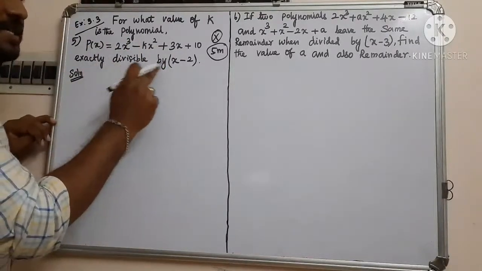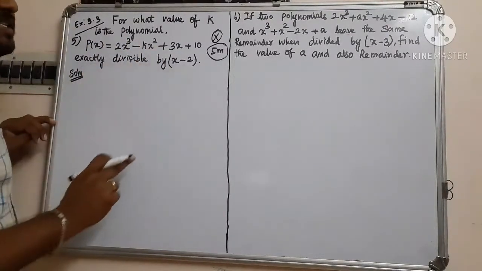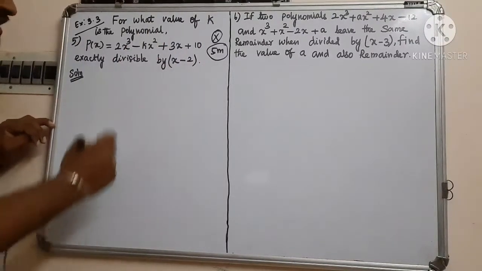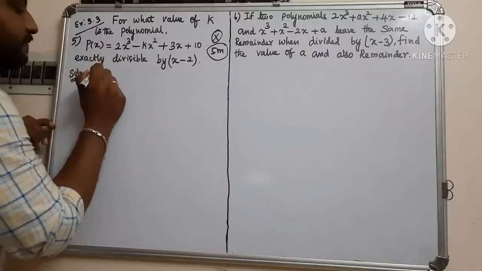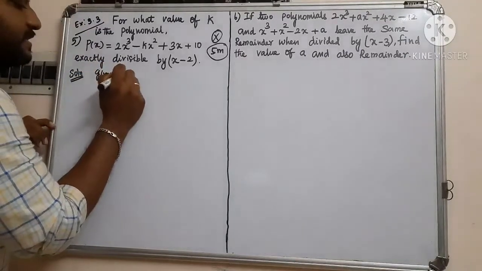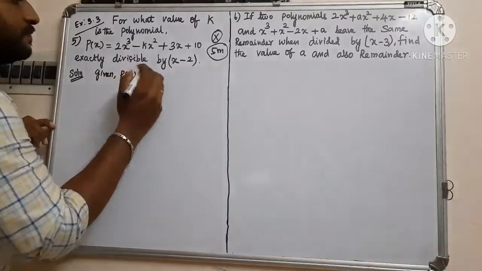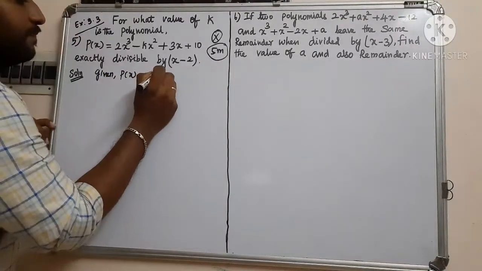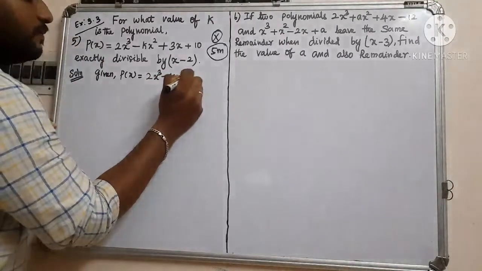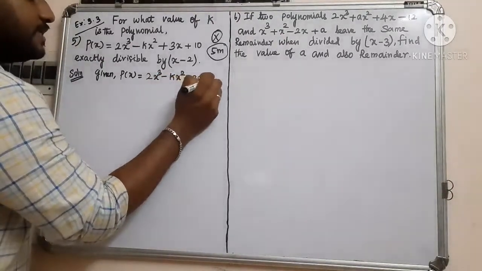Exactly divisible means the remainder must be equal to 0. When the remainder is 0, what is the value of k? That is only what you are going to find out. So solution. Given p of x is equal to 2x cube minus kx square plus 3x plus 10.